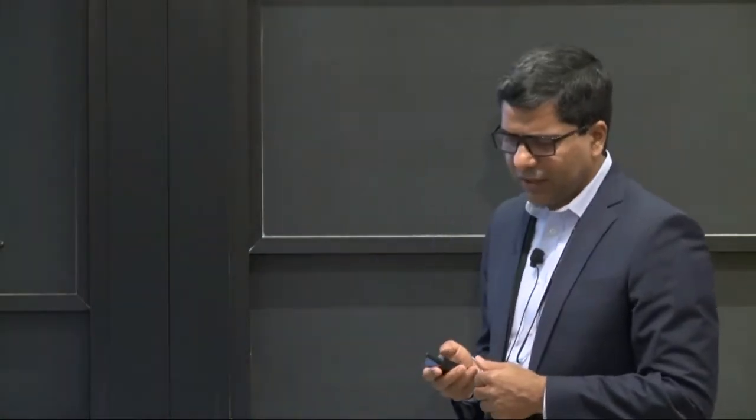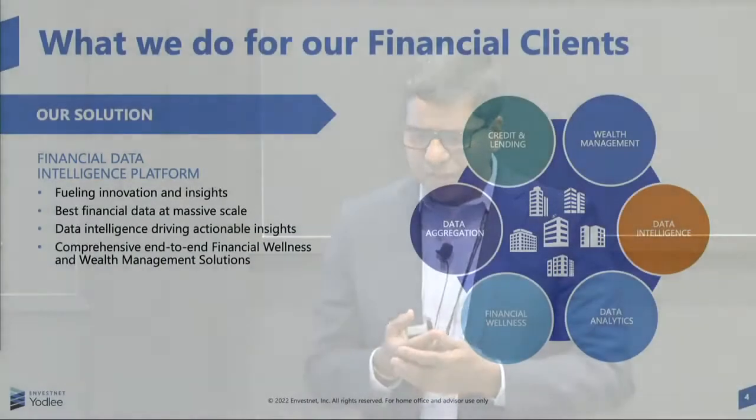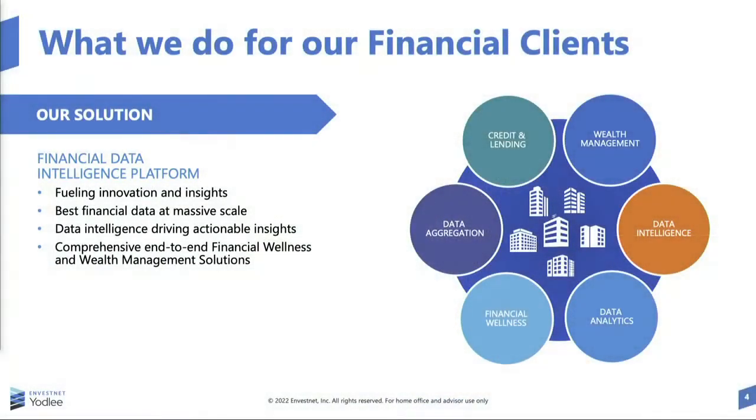Before I get into the business challenge, I wanted to take some time to talk about who we are as a company. We are a financial data intelligence platform, which is transforming how innovation and insights are generated with financial data. Our company works with 15 of the top 20 banks in the US. We have 10 of the top 10 wealth management companies working with us.